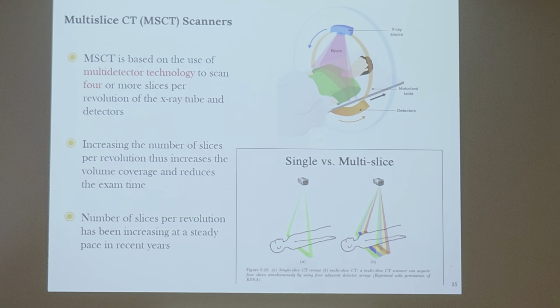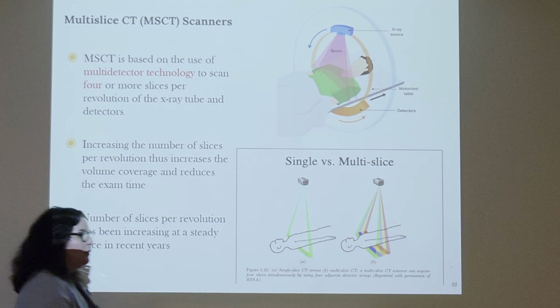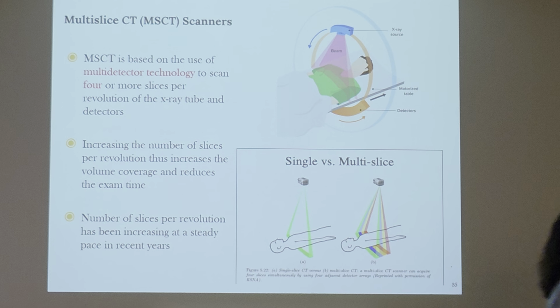Multi-slice scanners, using a multi-detector, kind of saw this back in, but this is not so much the detectors going side by side, where you have a larger area to cover.